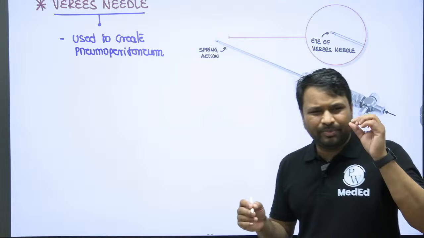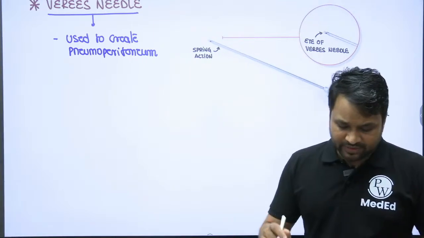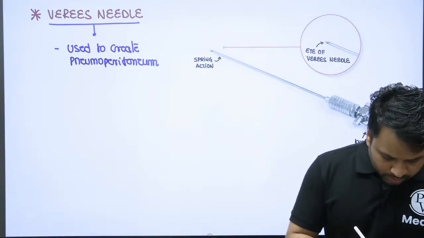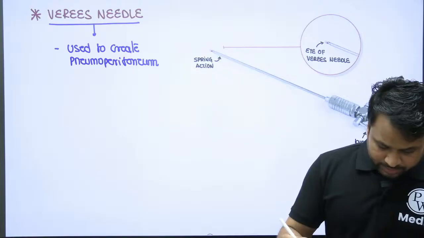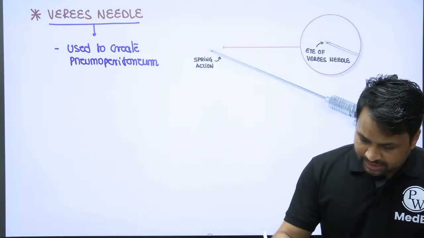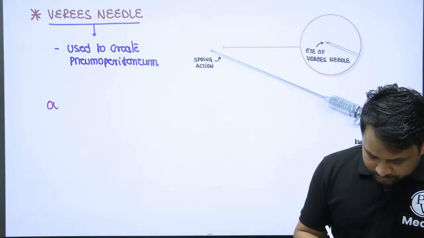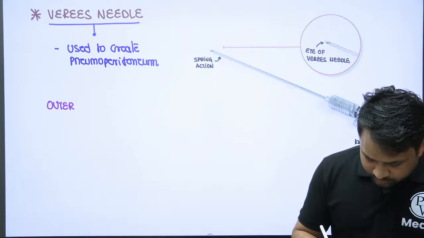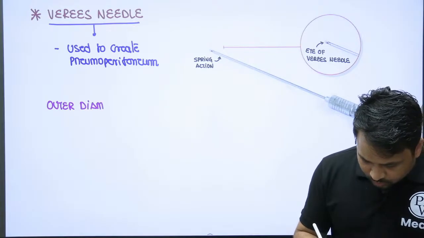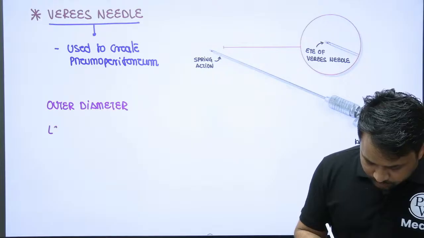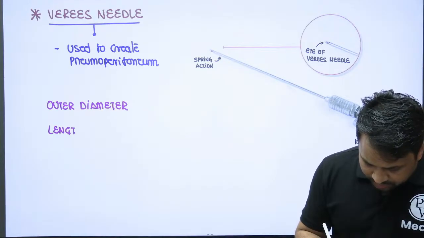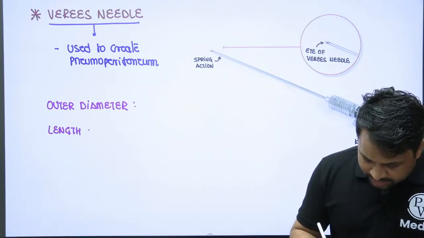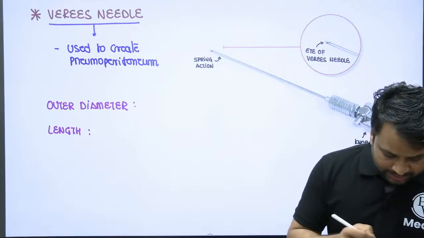Now, if you look at a bit of technicalities about the Veress needle, we'll talk about the outer diameter. What is the outer diameter of the Veress needle? What is the length of the Veress needle?